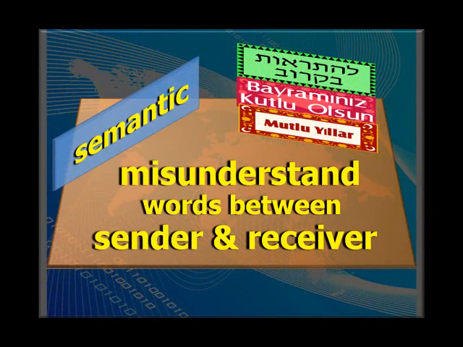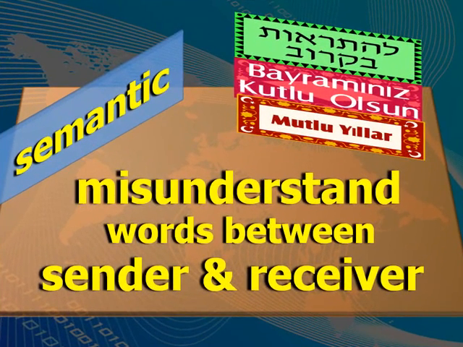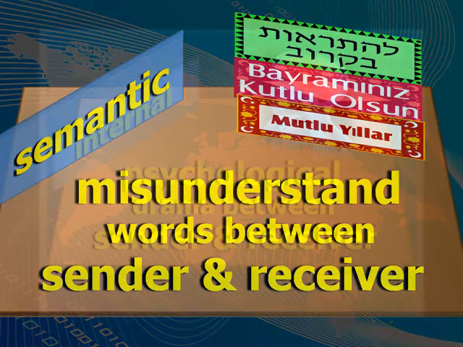Semantic noise refers to a conflict between the sender and receiver in misunderstanding the meaning of words. This noise is harder to identify because of the variability among human perceptions. For example, what qualifies as a perceived benefit to one person may be unimportant to another. Or maybe you've had the experience of talking with someone but got the sense you're really not speaking the same language.